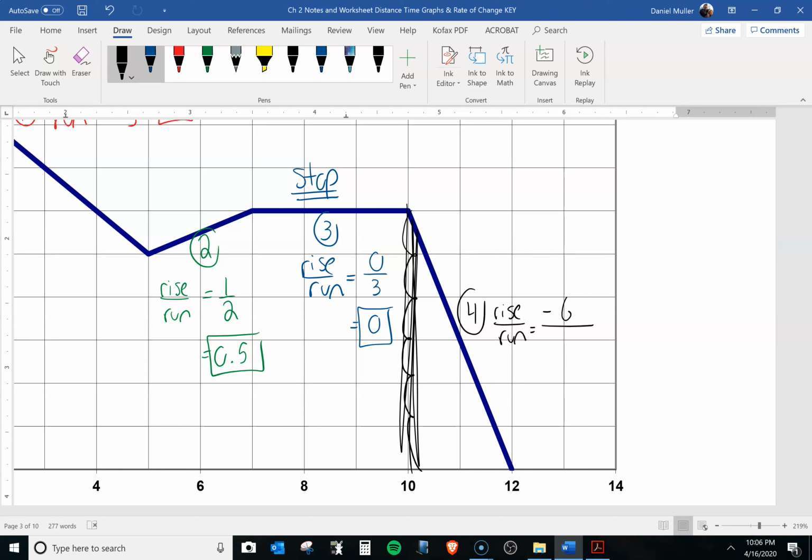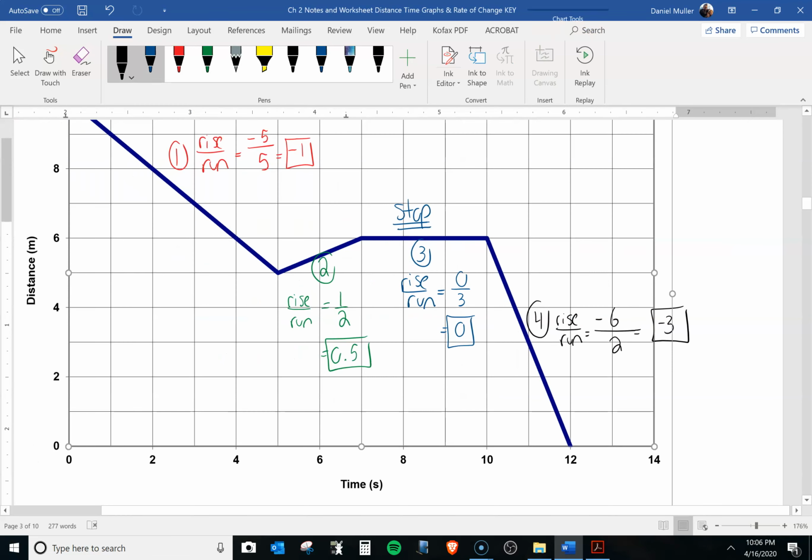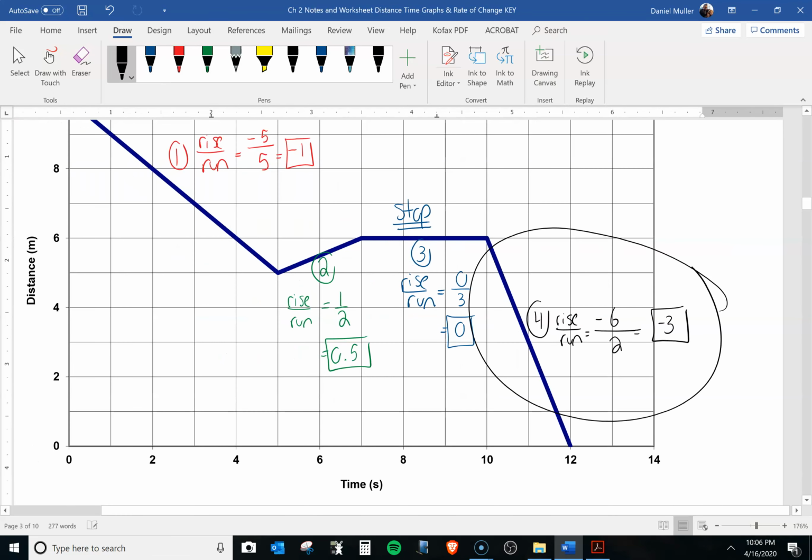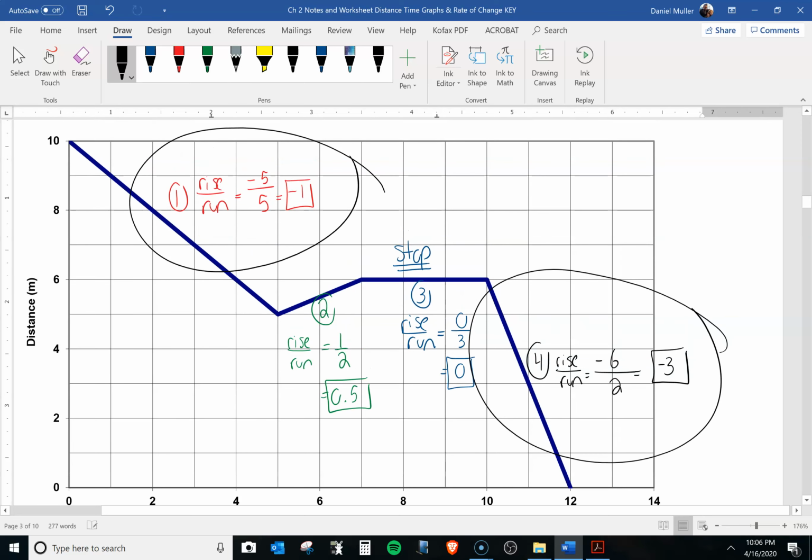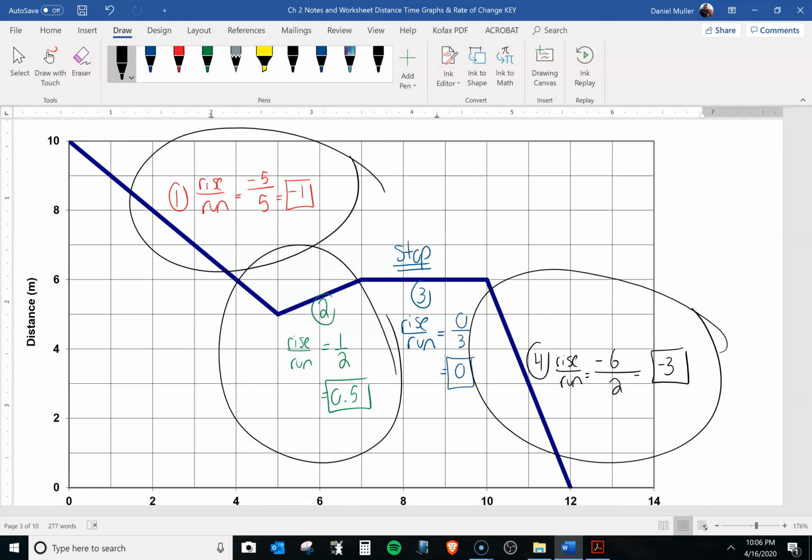So it's -6, and we run over 1, 2. -6 over 2, which is -3. So if I had to rank these for steepness, I would say number 4 is the most steep because it's 3. Then a steepness of 1 would come in second, and then this one would be third, and of course stopping would be the least steep, so that would be the last one.